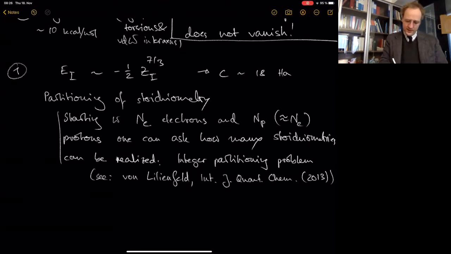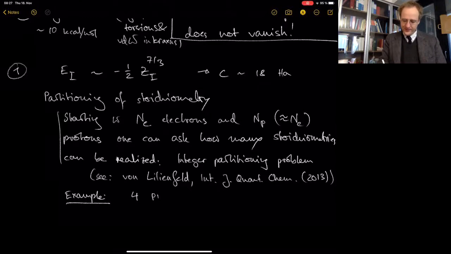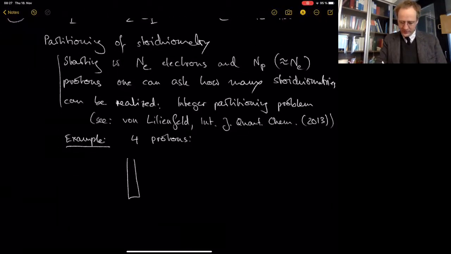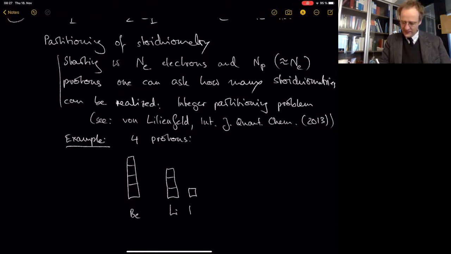So the example could be, let's say, 4 protons. Then you can have all protons in one nucleus. That would then be beryllium. Or you can have 3 protons, so there will be lithium and 1.